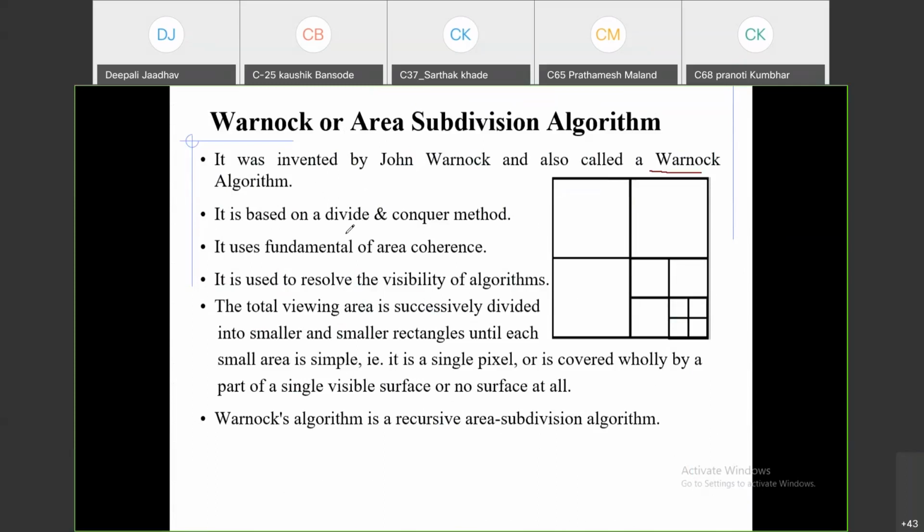It is based on the divide and conquer method. The divide and conquer method means that if you are given a big problem that is difficult to solve in a single attempt, you divide it into two parts.